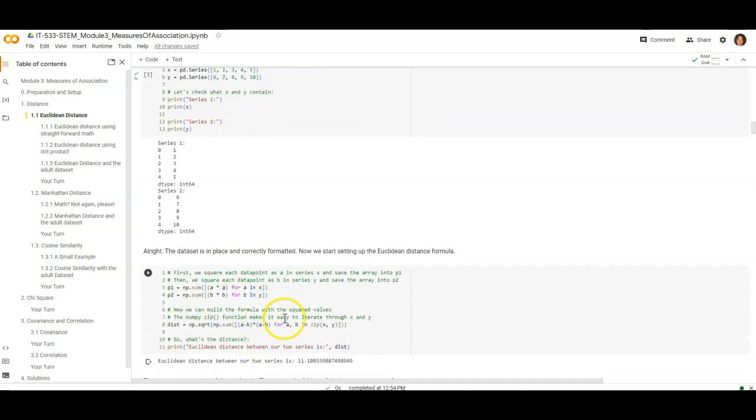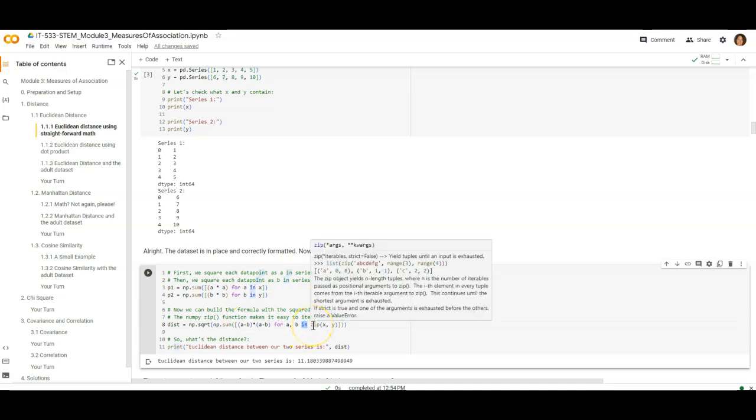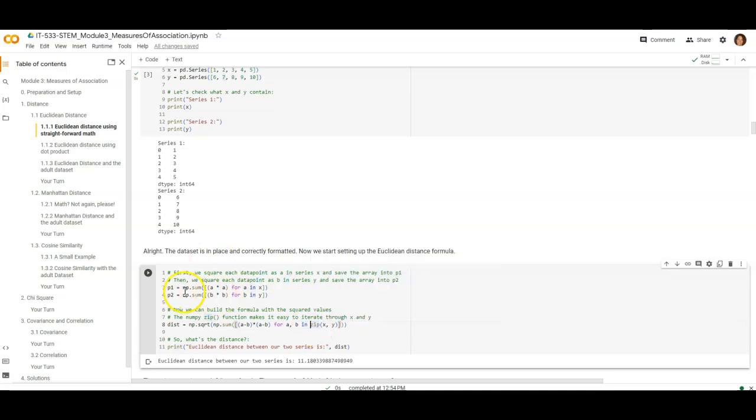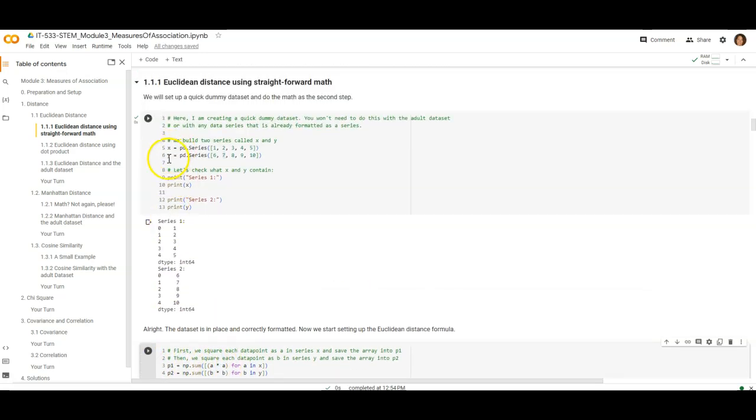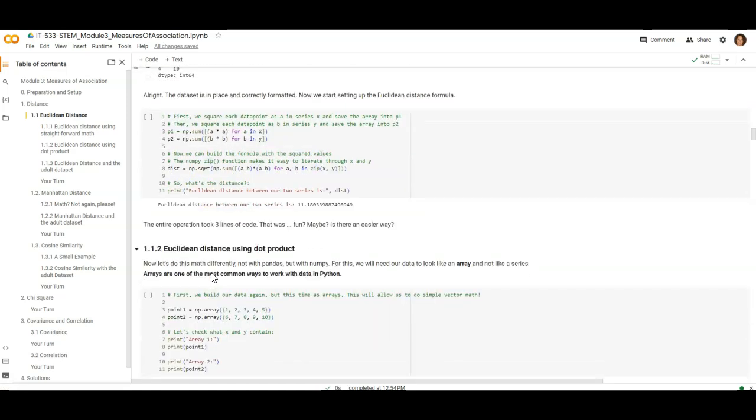And then we are going to do this for both a and for b in the zip, that's the iterative series x and y. So that way we have the x's covered and we have the y's covered. Good, and that gives us our Euclidean distance.